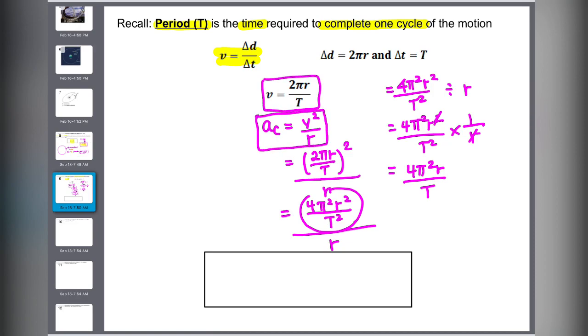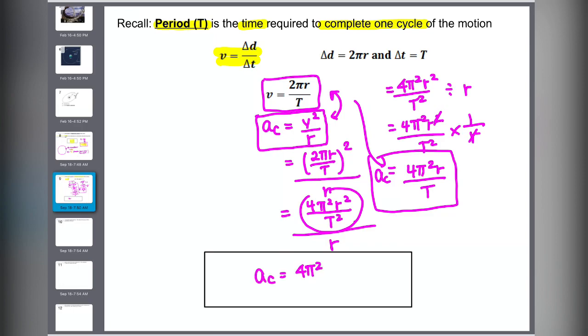So if I combine the two equations, the centripetal equation and the equation for speed, this is your new equation. I'm going to rewrite this out. AC is 4 pi squared R over T squared. And finally, one extra definition is that period is also equal to 1 over frequency.